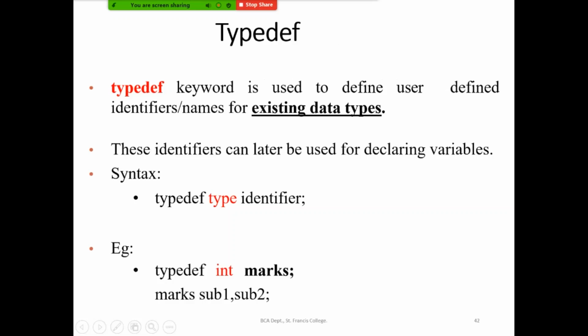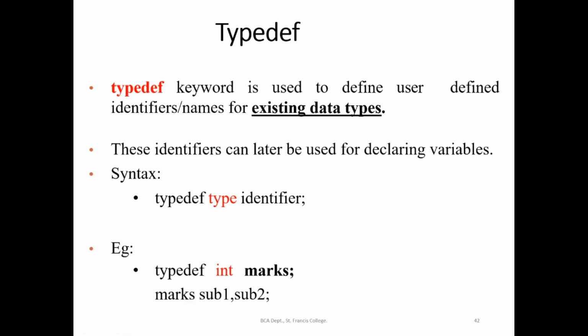So typedef is a keyword which is used to define a user-defined identifier or a name for the existing data type. What are the existing data types? You know, the fundamental data types are the only thing which is existing, right? After that, we may create a derived data type also.